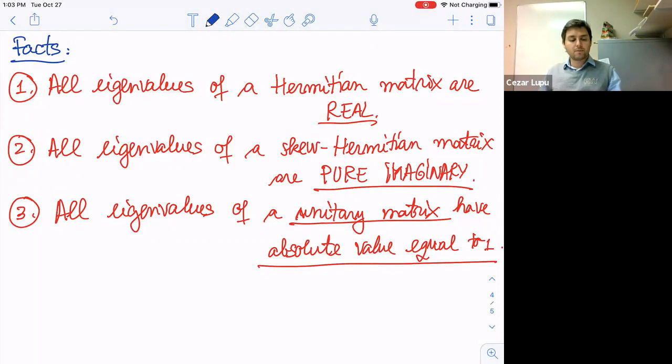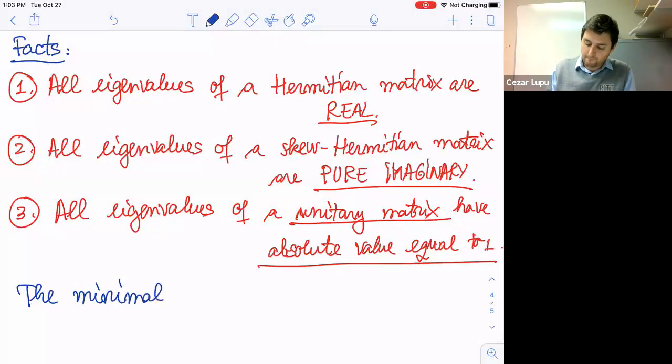Let me talk about, okay, so we defined the characteristic polynomial. Let me talk about the minimal polynomial of a matrix, because I would like to use this.